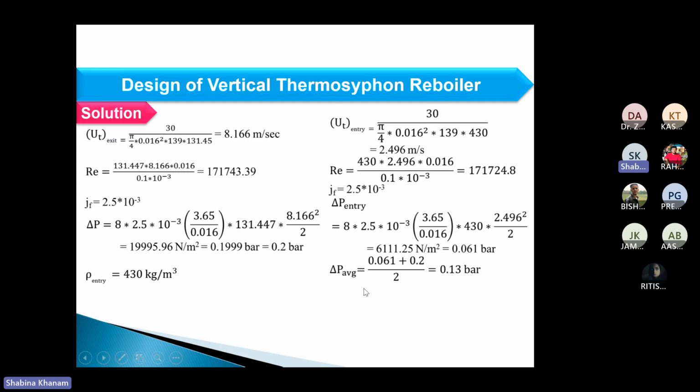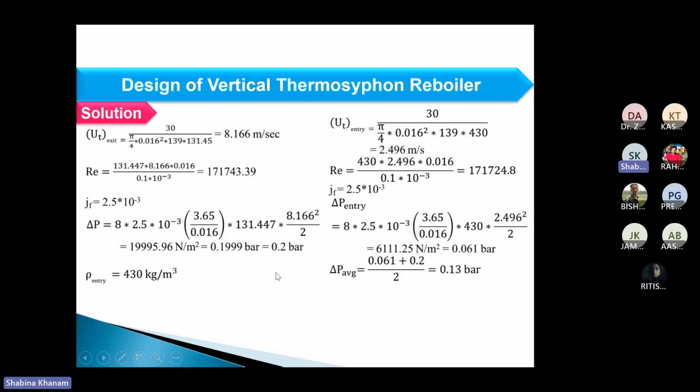In that case, what change can you obtain? This pressure drop will basically depend on the Reynolds number, and that depends on the velocity. If velocity is high, we will have high pressure drop.